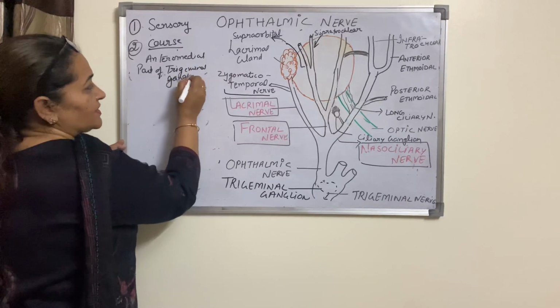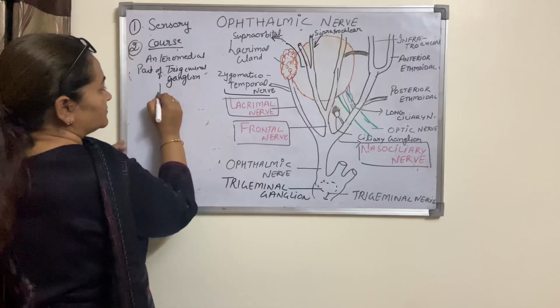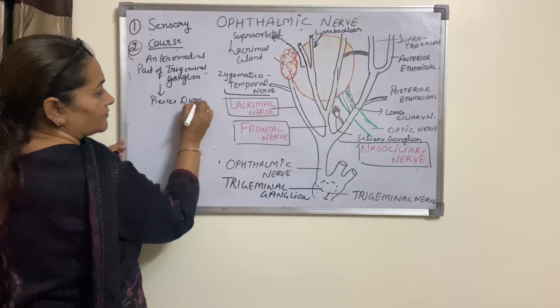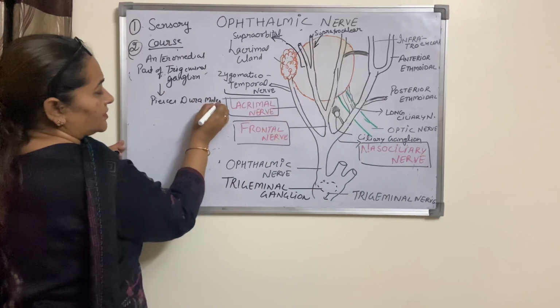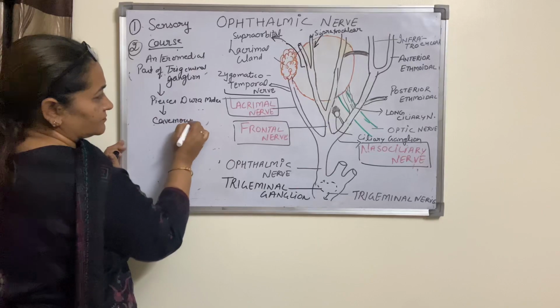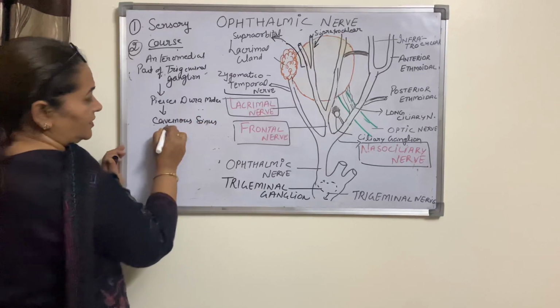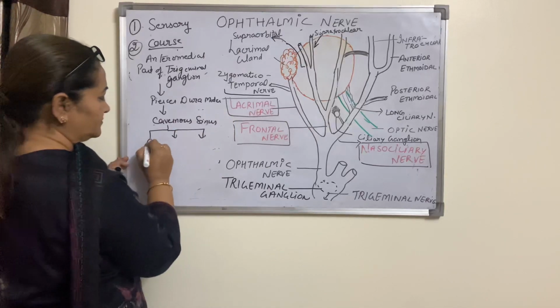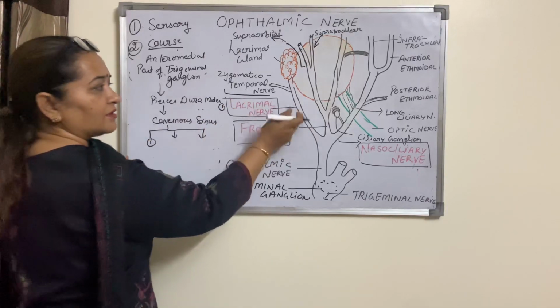After that it pierces the dura mater and enters the lateral wall of the cavernous sinus. And in this, it divides into three branches. First is the lacrimal nerve, you can see.